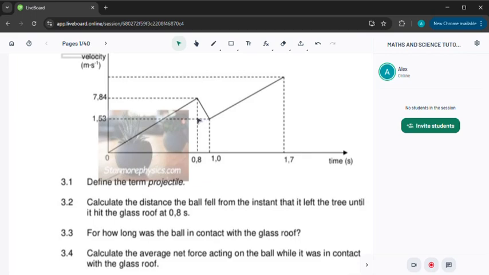And then check 0,8. 0.8 second corresponds with the velocity of 7.84. So what is our initial velocity and what is our final velocity between the two? 1.53 is our final velocity, right? And 7.84 is our initial velocity, right?